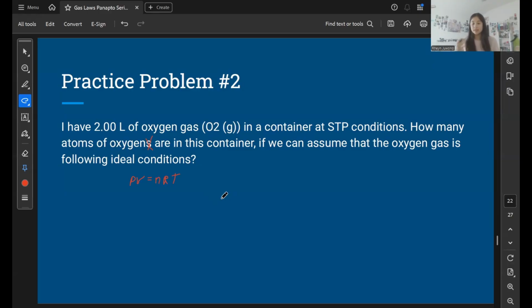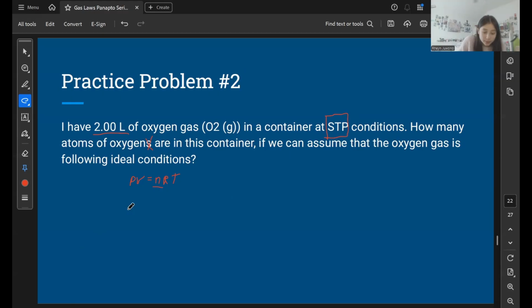But so far, when you're using it, you do have to assume that the gas is under conditions in which it has certain properties that we can apply to the ideal gas law. Okay, so what do we know in this problem? Well, you know the volume, and from STP conditions, we also know the temperature and the pressure. So now we're just solving for the amount in moles.